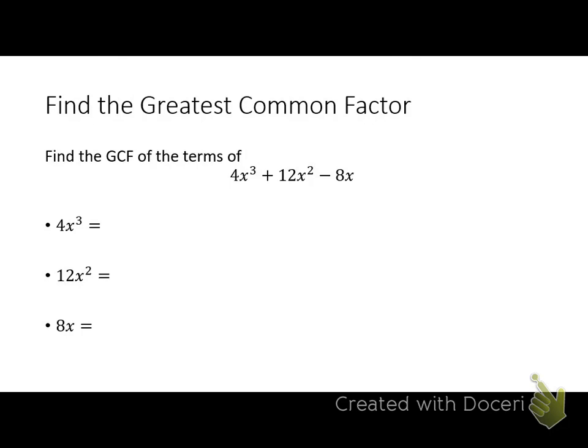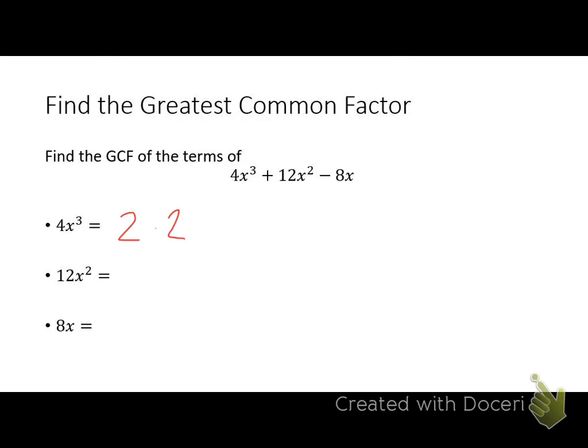So to start with, what we're going to do is I'm going to write the prime factorization of each term. So prime means I'm writing out all the factors that I could use in their simplest form. So what are two numbers I multiply to get 4? Well, that's 2 times 2.